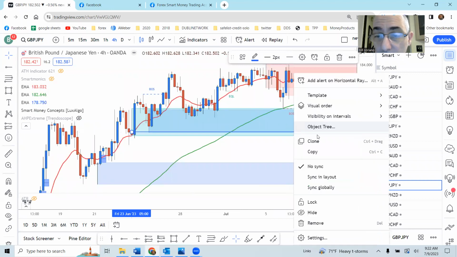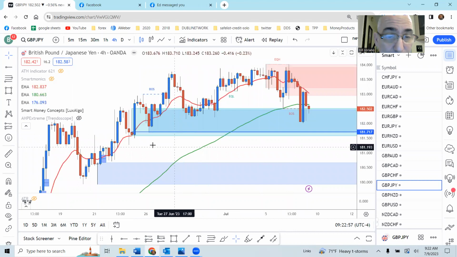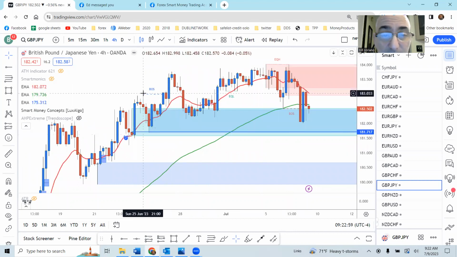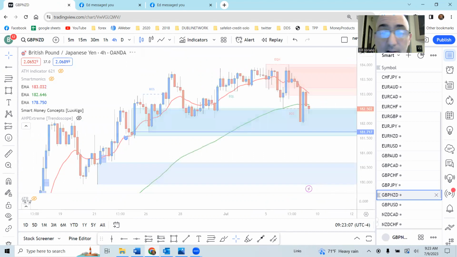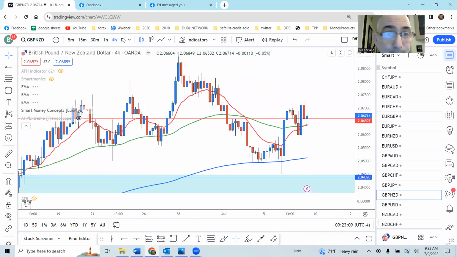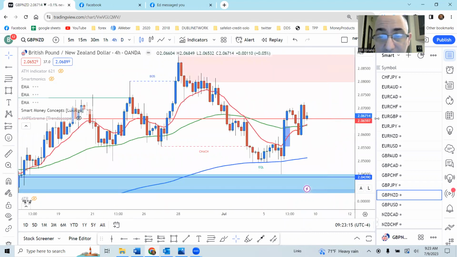So very close to the bottom of our order block, which doesn't usually happen most of the time. But that's the last down candle before this up move. This one's already been hit, price reacted off of it, so we're going to wait for this one to get hit. Again, very bullish order flow here in GBP NZD.